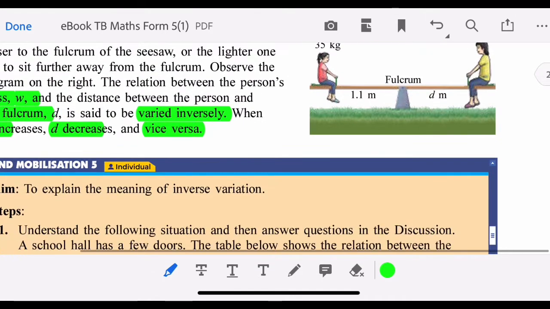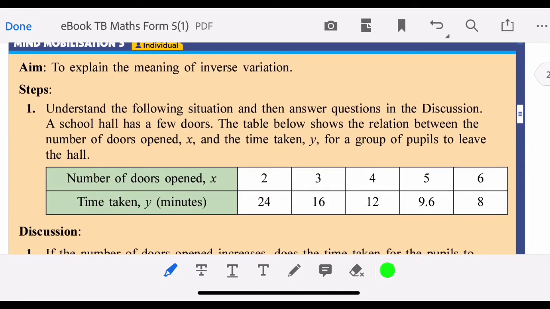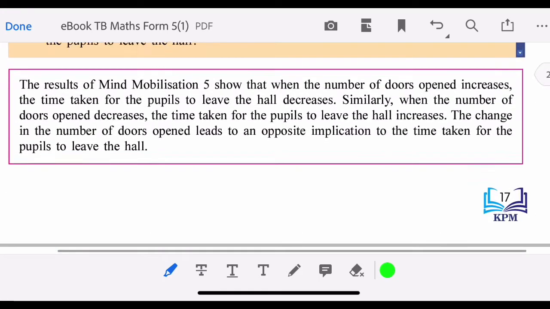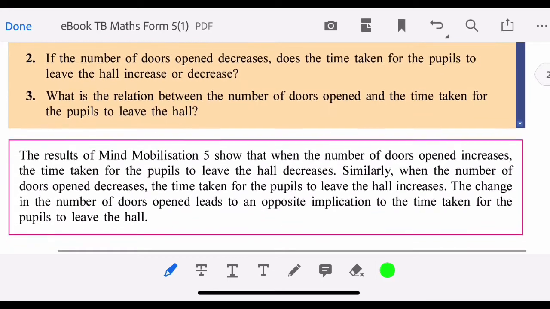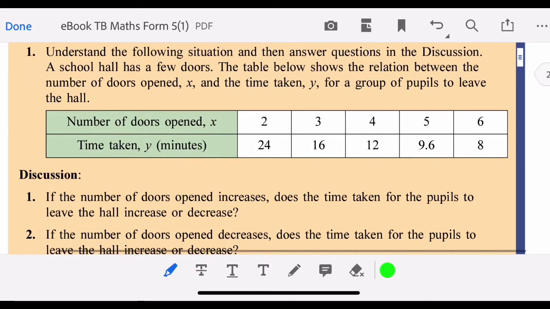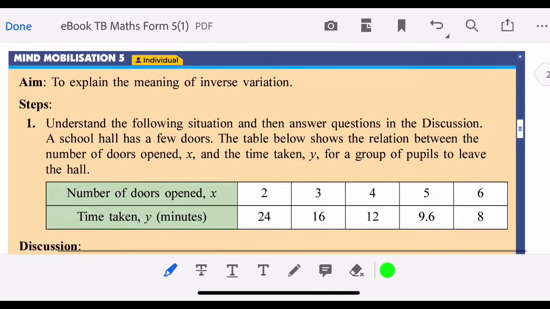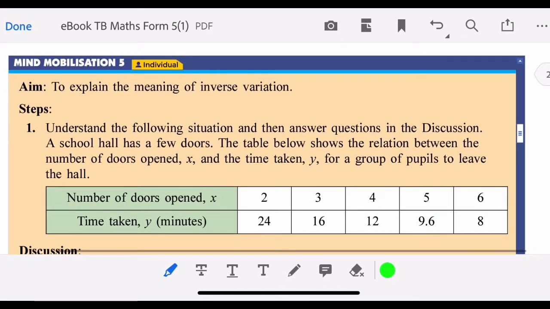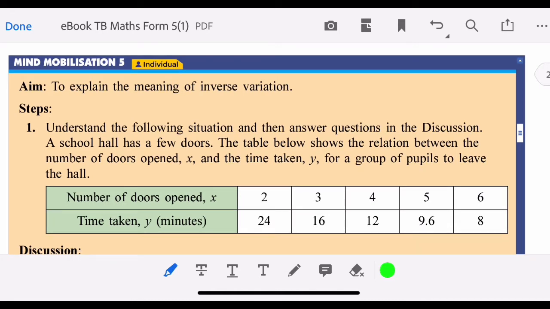Alright, so let's go through this activity to explain the meaning of inverse variation.